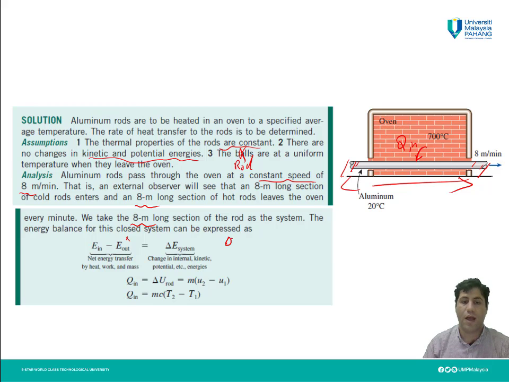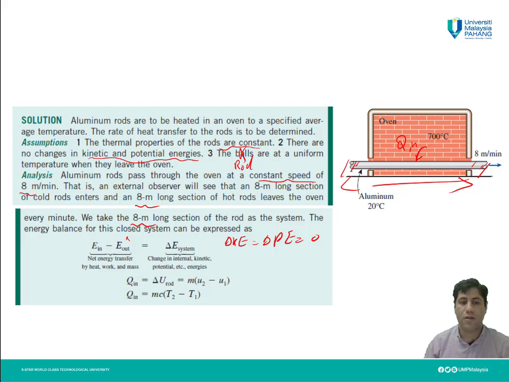As we said, delta KE and delta PE are equal to 0 according to our assumptions, since we deal with this as a fixed, stationary section of the rod for 1 minute.